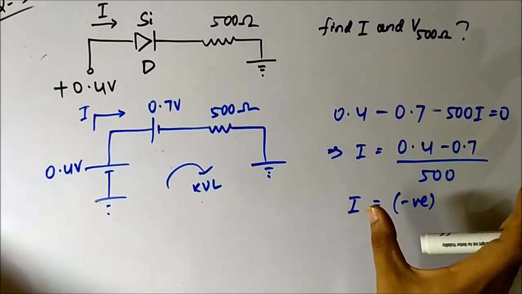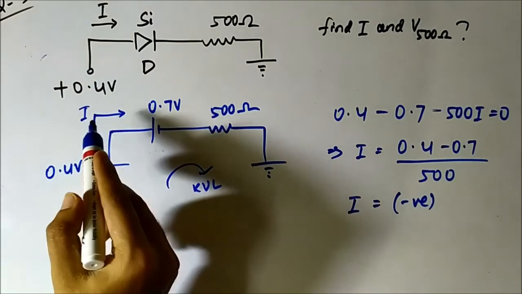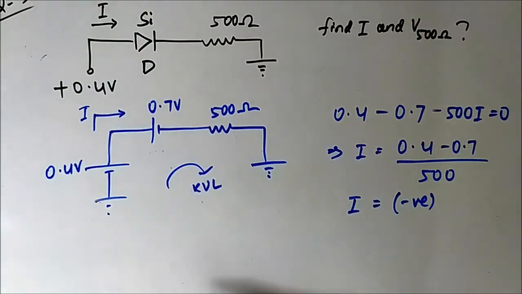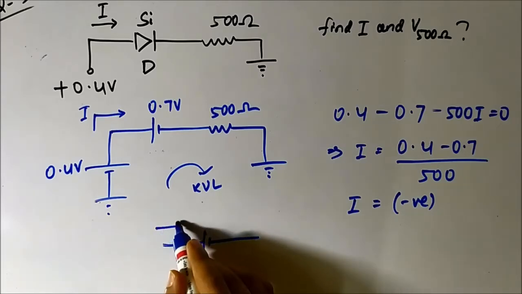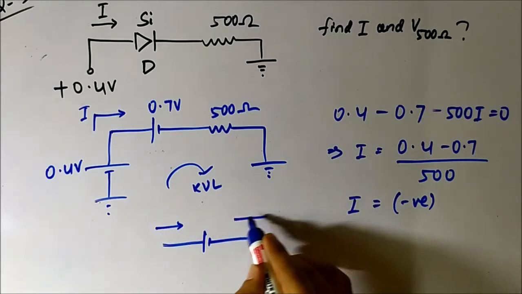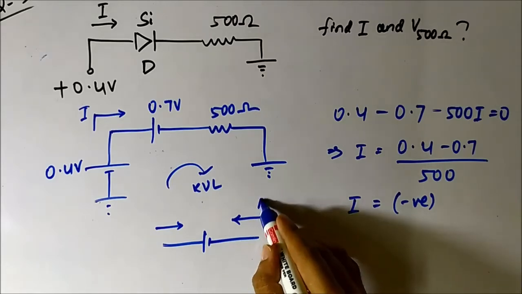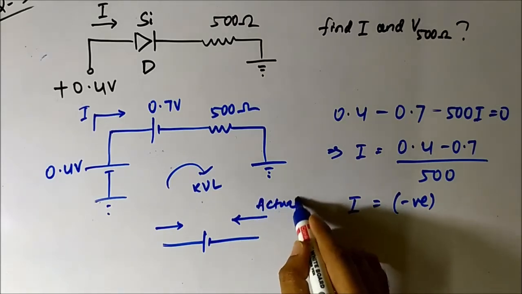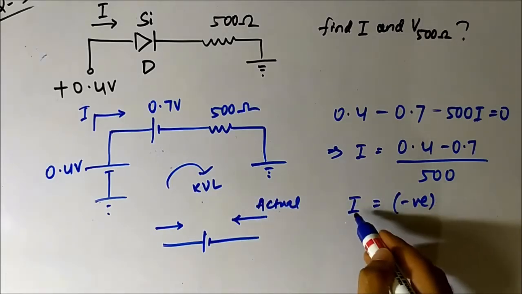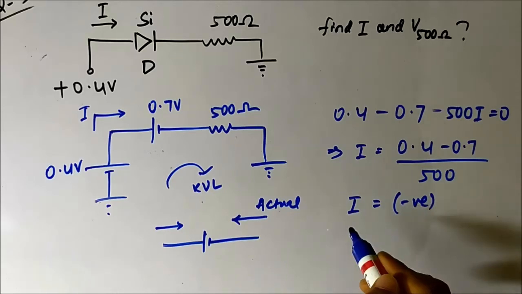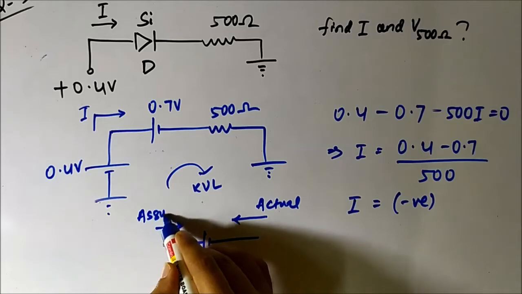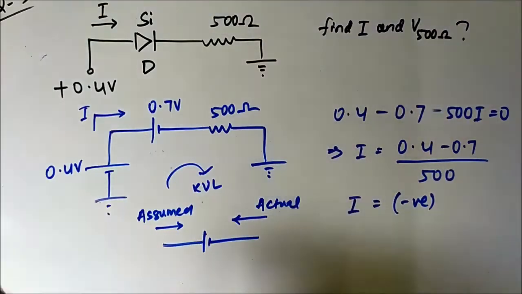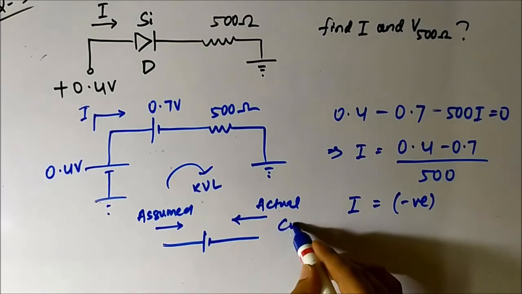When it is negative, it means that our assumed direction is wrong and the actual current is flowing in the opposite direction. This is the actual direction because the value of the current is coming with a negative sign. This is the assumed direction which is given in the question. The actual current is in the opposite direction.